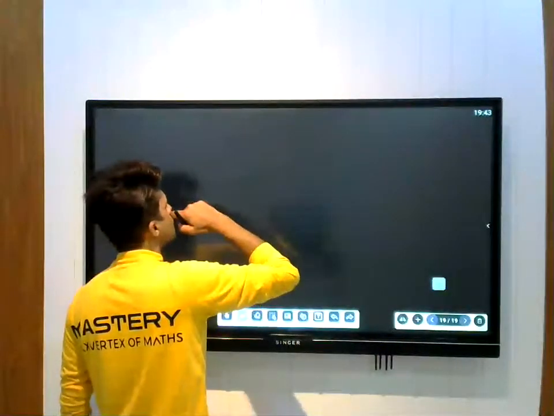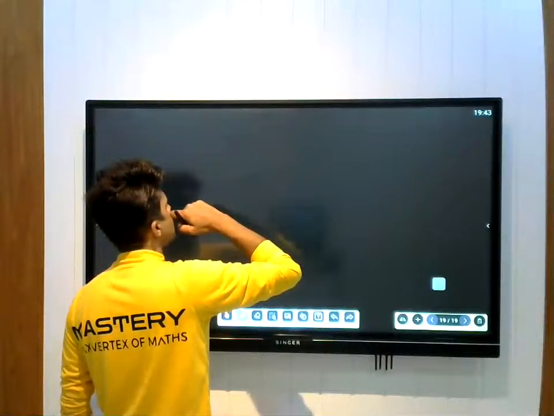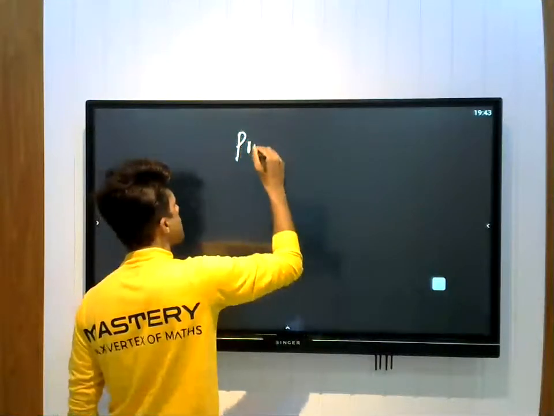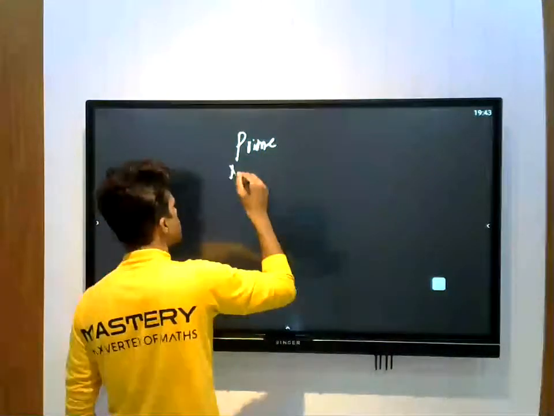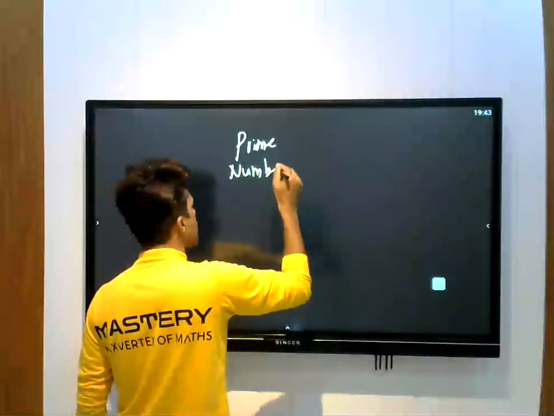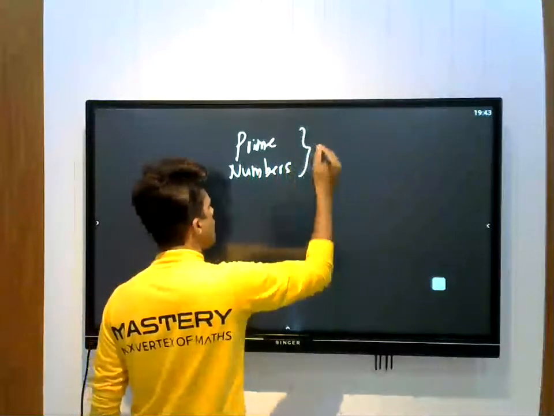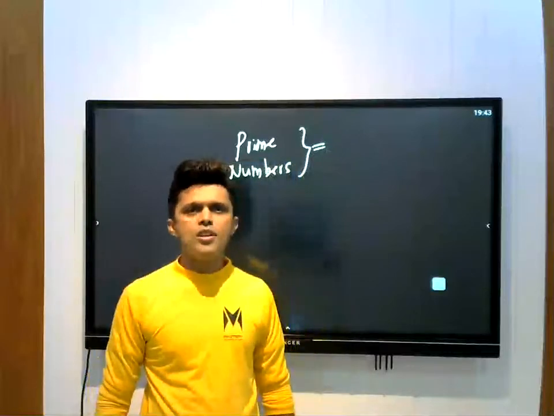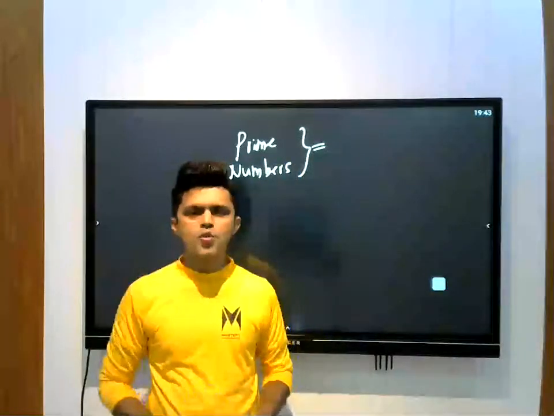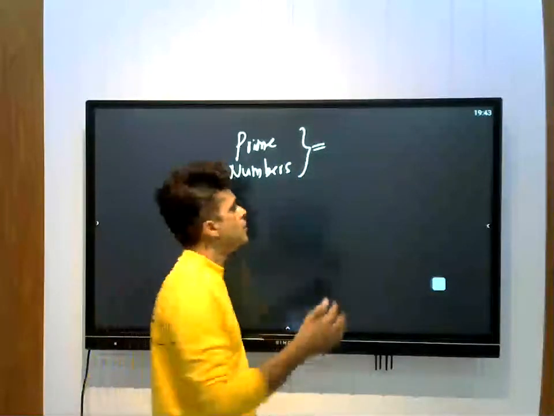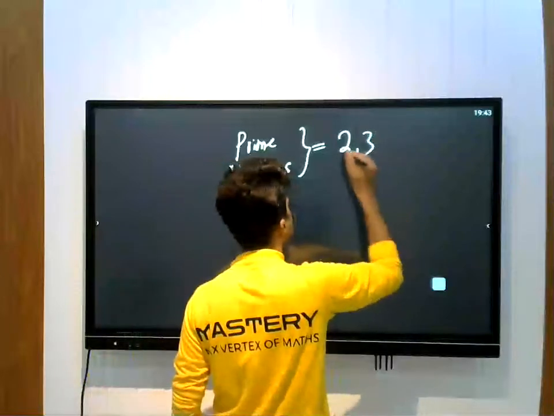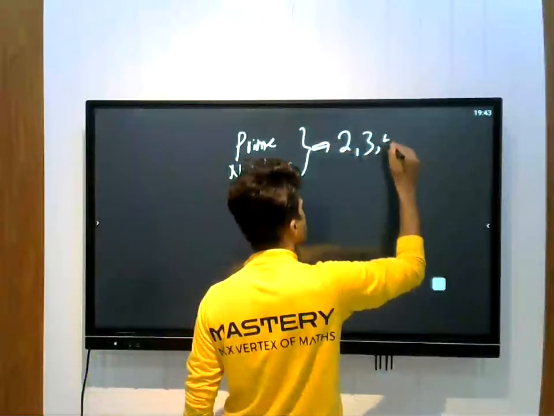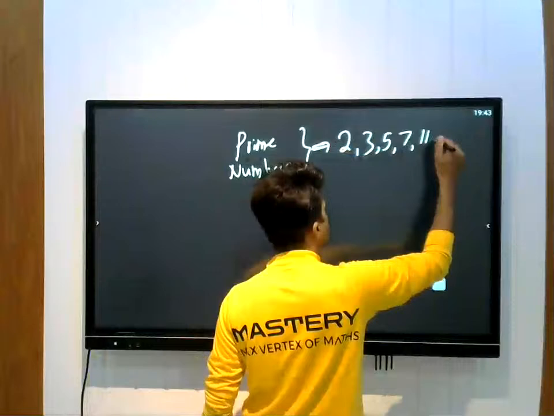After that, the other type of numbers, prime numbers. What are prime numbers? Prime numbers are the numbers having only two factors, which means 2, 3, 5, 7, 11, and so on.